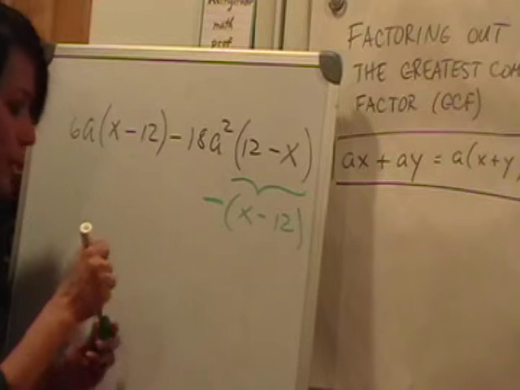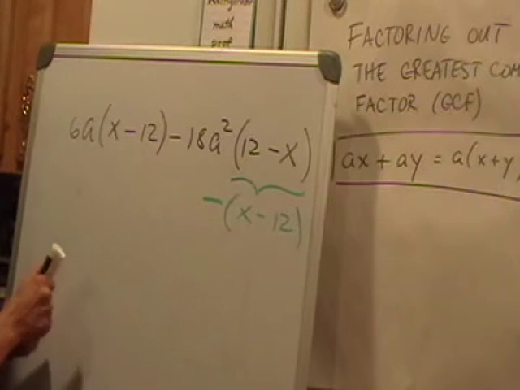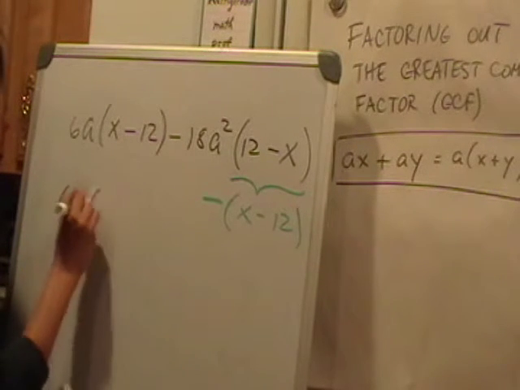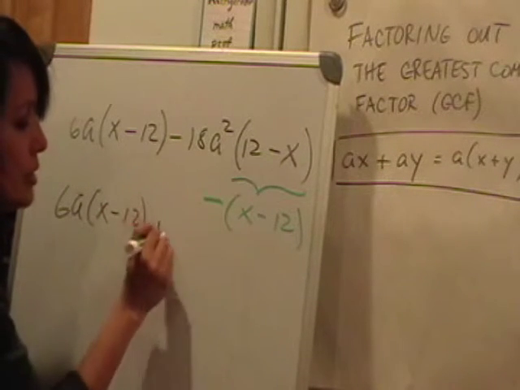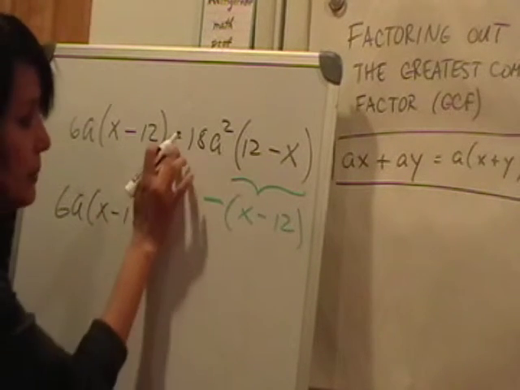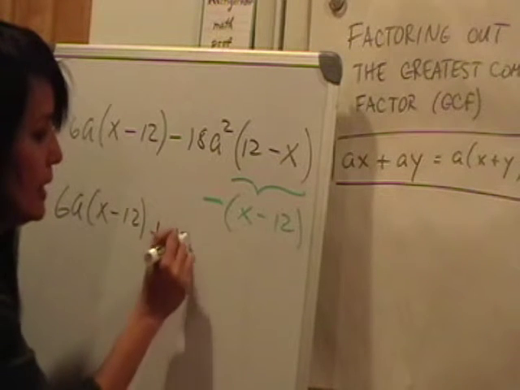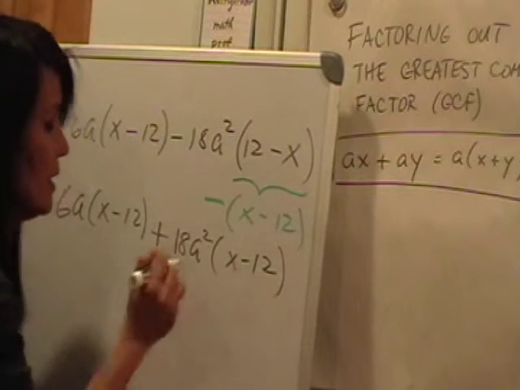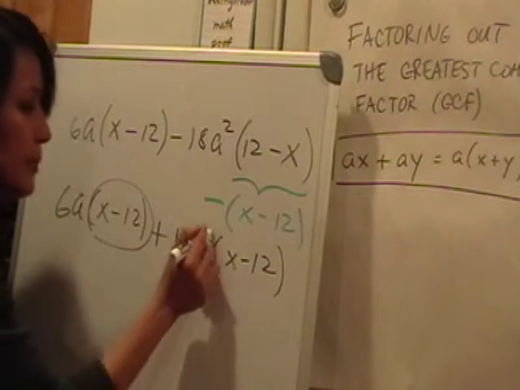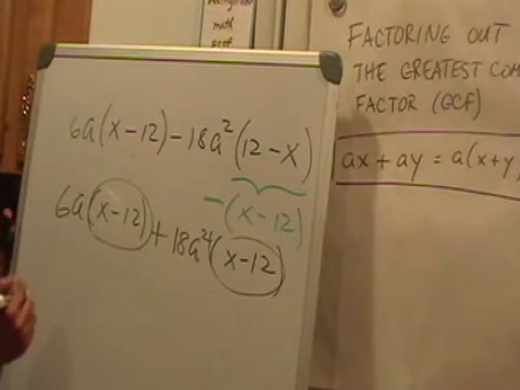So now we can rewrite the problem and make this 6a times the quantity x minus 12 minus minus, that changes that to a plus, right? So the minus there becomes a plus 18a squared times the quantity x minus 12. And now they're exactly the same. X minus 12, exactly the same.